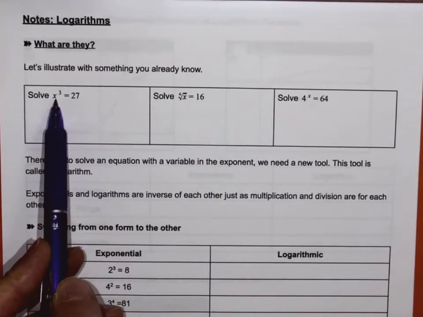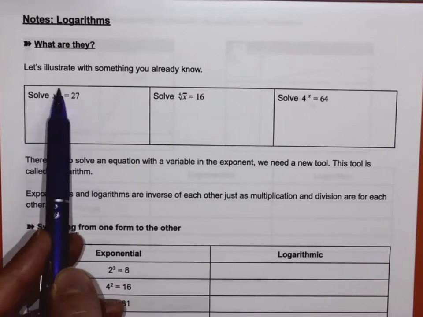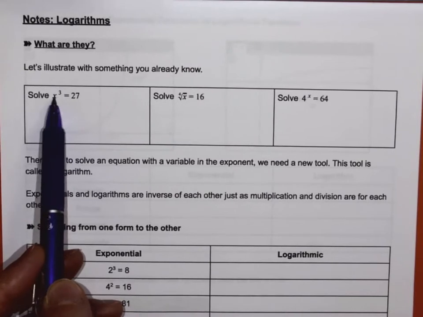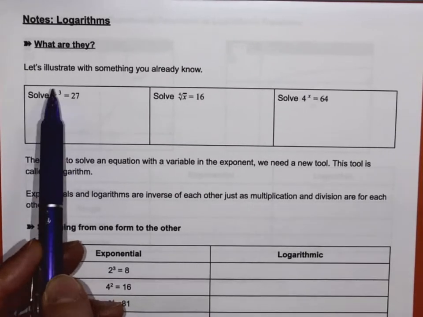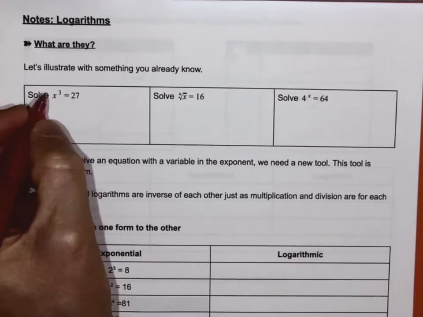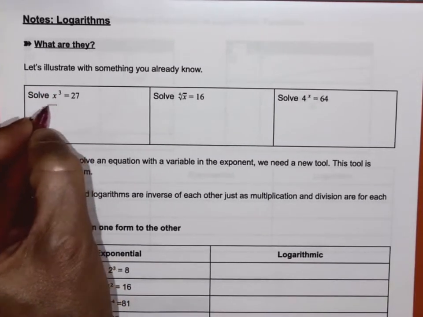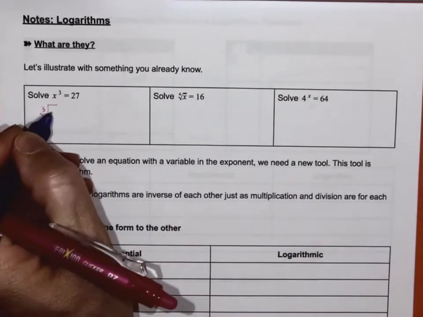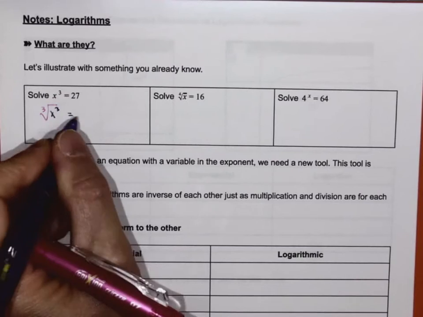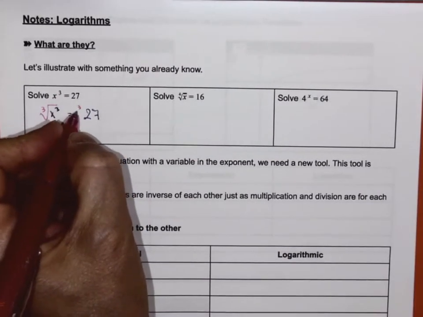So here my variable is the base, and so this is like a power function, right? Because I have a variable as a base, and then an exponent. So how do we solve that? Well, we know that if we have x cubed, we're going to take a cube root of x cubed and the cube root of 27, right?